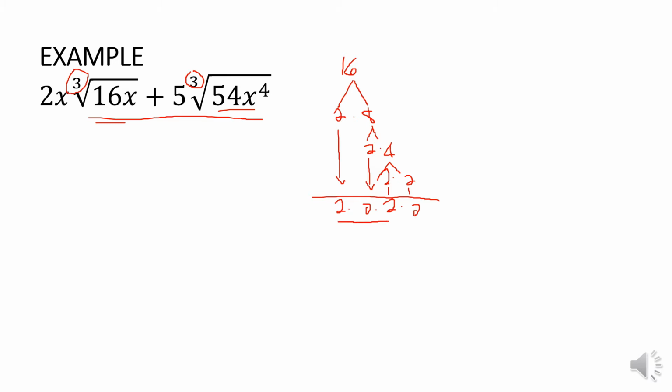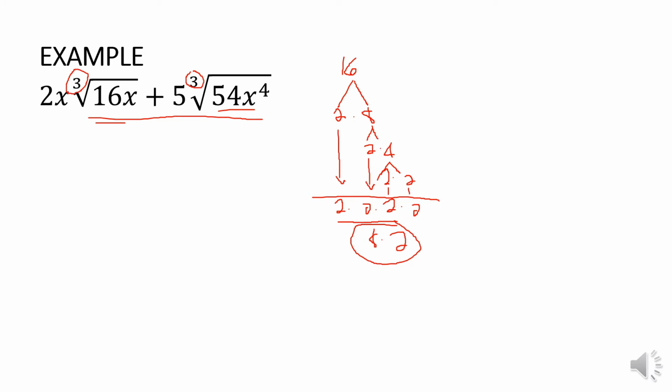So 2 times 2 times 2 is a perfect cube. So 2 times 2 times 2 equals 8, times 2. So therefore, the factors of 16, in which one of the factors is a perfect cube, are 8 and 2.